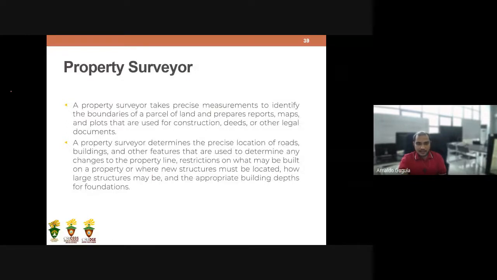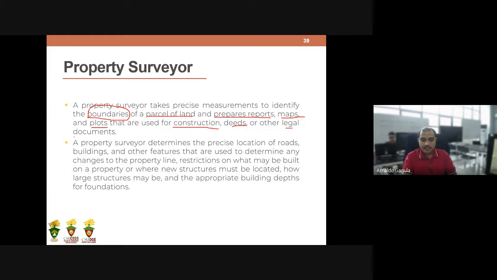Let us define now what is a property surveyor. Kung sa'y ginambuhat ni property surveyor or ni geodetic engineer. So, a property surveyor takes precise measurement to identify the boundaries of the parcel of land and prepare reports, maps, and plots that are used for construction, deeds, and other legal documents.